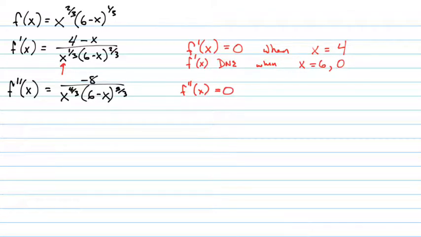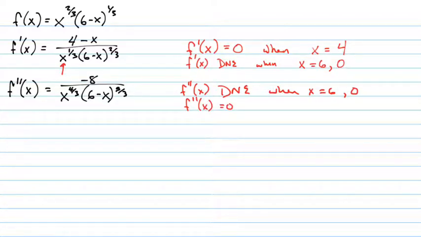Be 6 and 0 as well, right? That's not where it equals 0. That's where it doesn't exist. That's when our denominator is 0. So still important points.